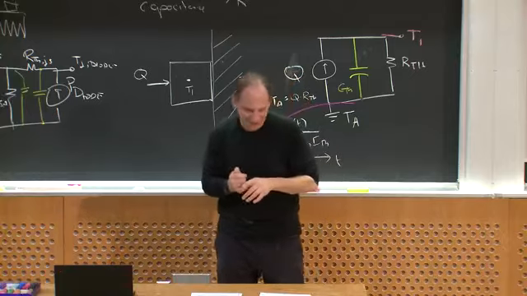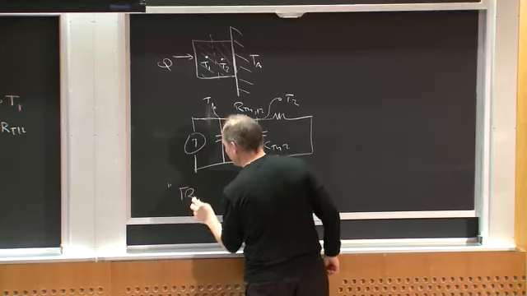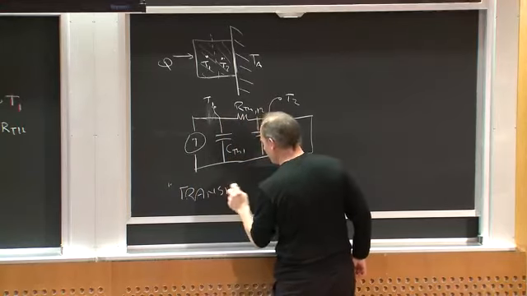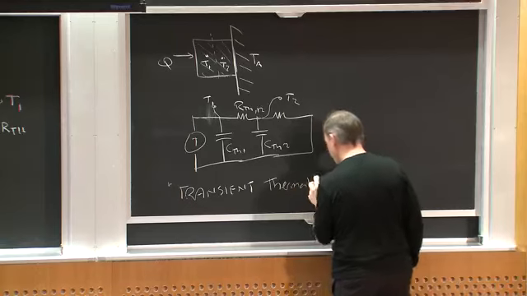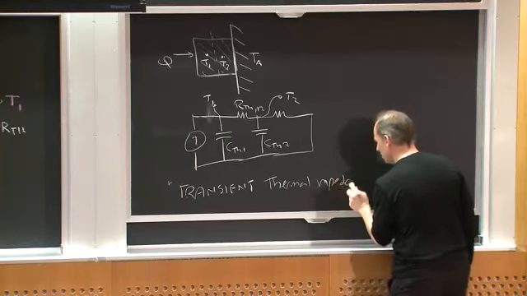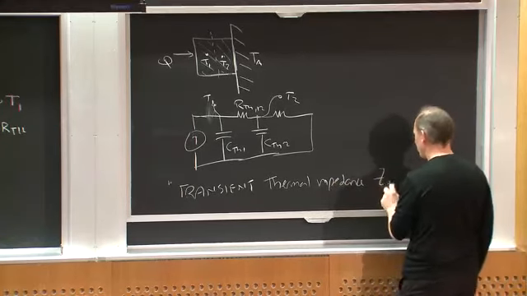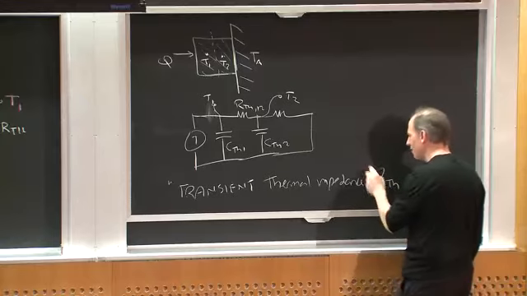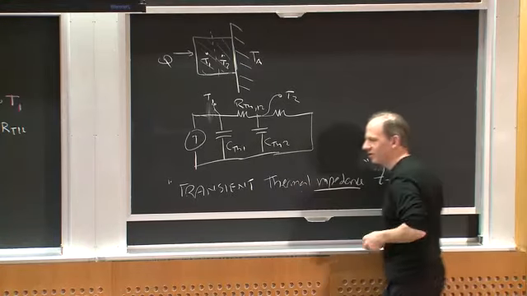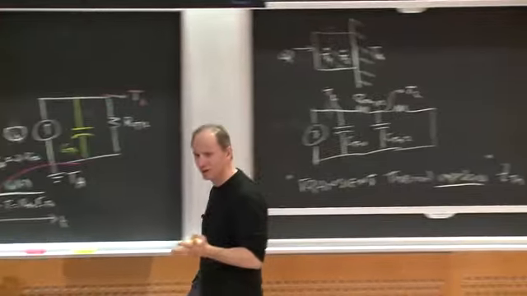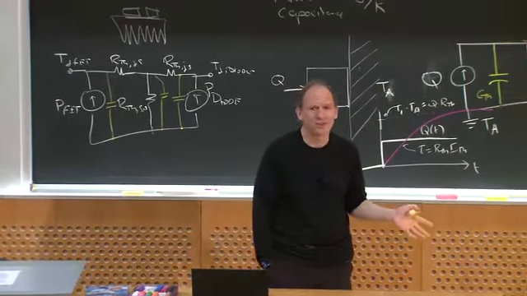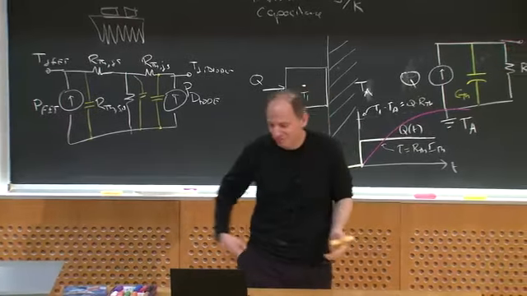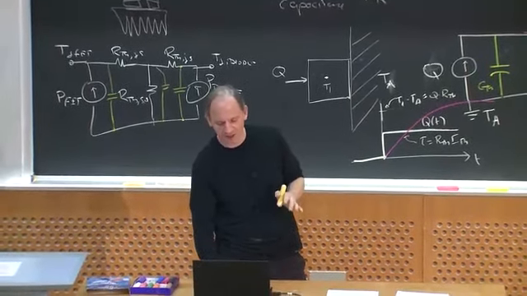And unfortunately, this is often called a transient thermal impedance, or ZTH. I say unfortunately because it's not an impedance in the way you think of it. An impedance is a frequency domain thing. But this is just the language that has stuck. It's unfortunate, but that's what they call it. But it's not an impedance at all.